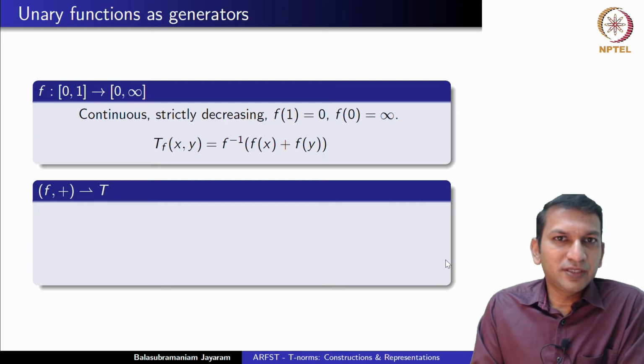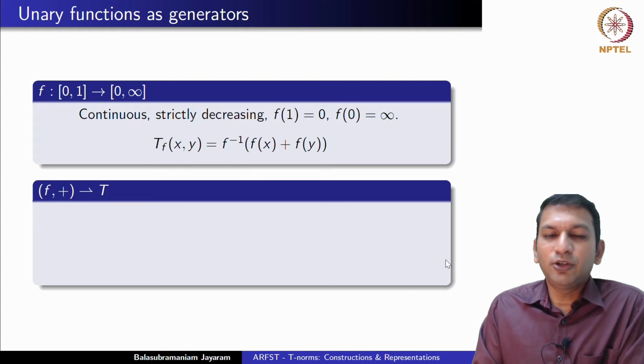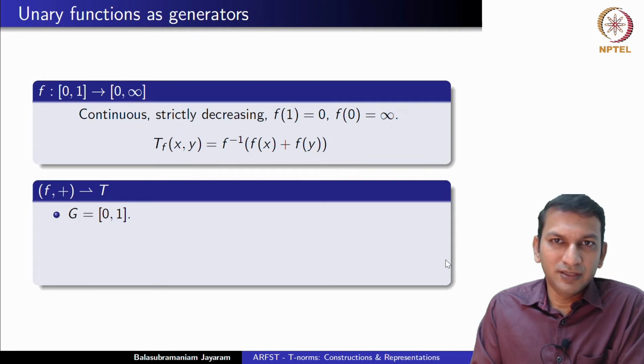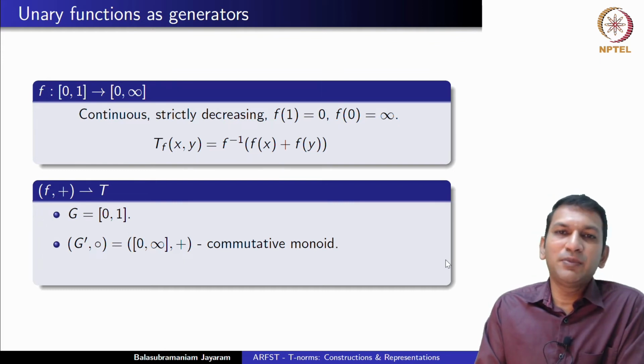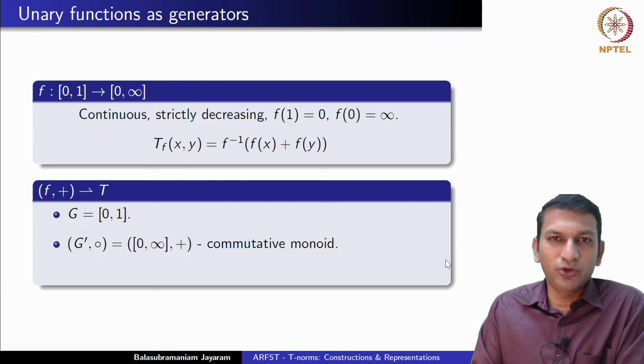Compared to the previous construction, how does it differ, or what are the similarities? Here we start with the function f and the operation plus. So here G, we can look at it as just the [0,1] interval. G dash circle is essentially the commutative monoid that we have on R plus, the set of non-negative real numbers with addition. It becomes a commutative monoid. 0 is the identity there.